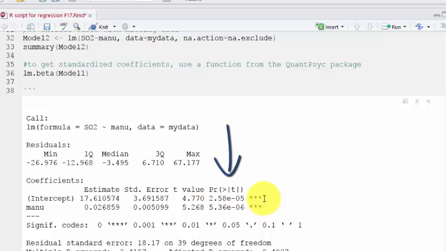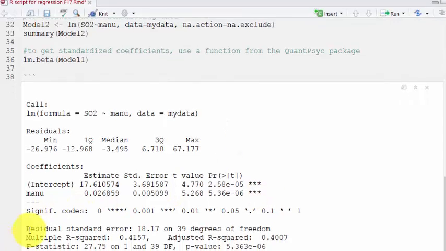So we see that our intercept is statistically significant. That's not something that we typically care about, whether our intercept differs from 0, but R will tell you that. What we really want to know is if our slope is statistically significant, and in this case it is. So manufacturing is a statistically significant predictor of SO2 levels.